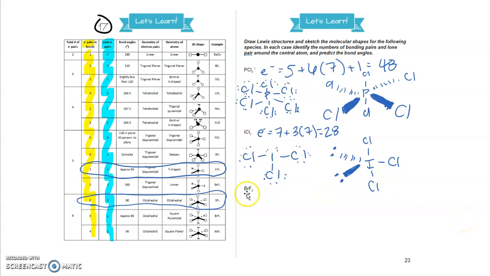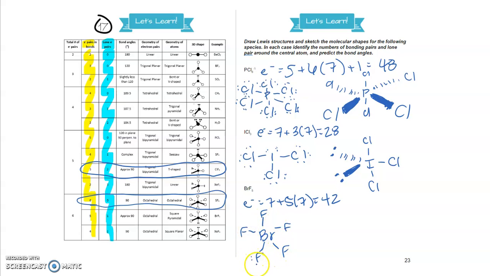All right, BrF5. Start with our electron count, as always. 7 for the Br, 5 Fs, each one has 7. Add those all up, get 42. What goes in the middle? 1 Br, 5 Fs. The Br. How many bonds do the Fs want on the outside? Just one. How many dots do they need then?